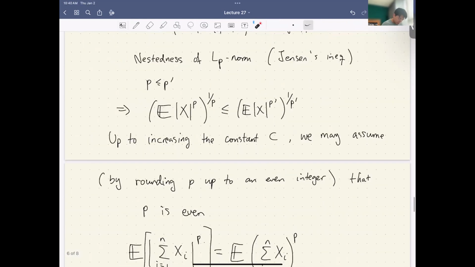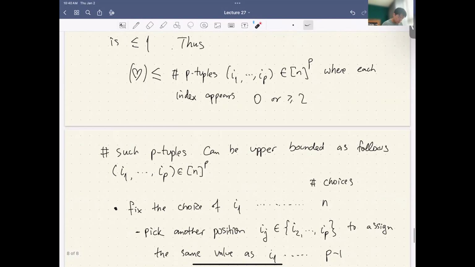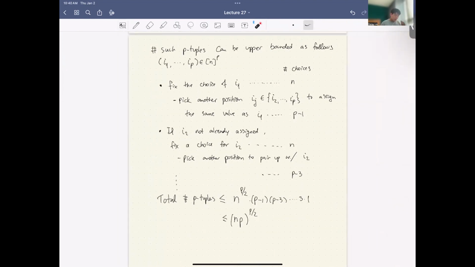So I just need to convince you this pairing will not have a problem here. What I'm worried about is that maybe for the value of I1, let's say in the first coordinate, you pick 1 value, and then 1 value also appears here. Okay. And you pick IP in this step to pair up the value 1. So now you move to I2, and I2 is not assigned.